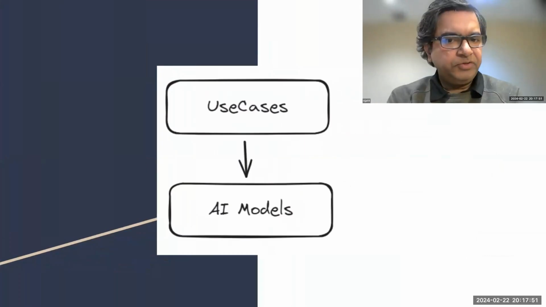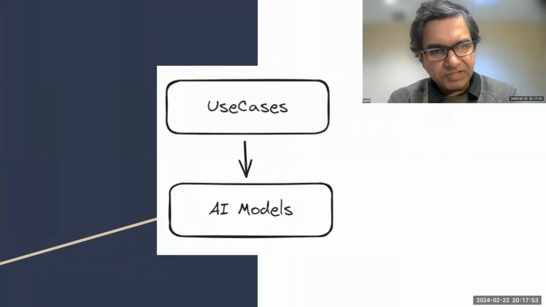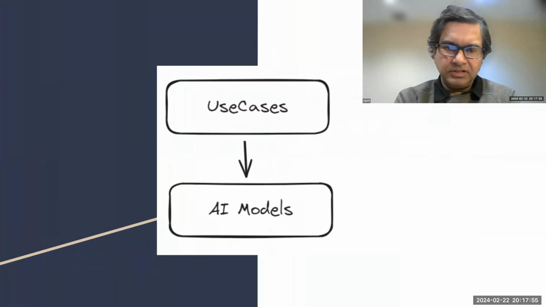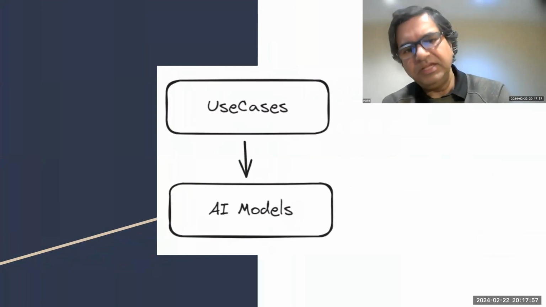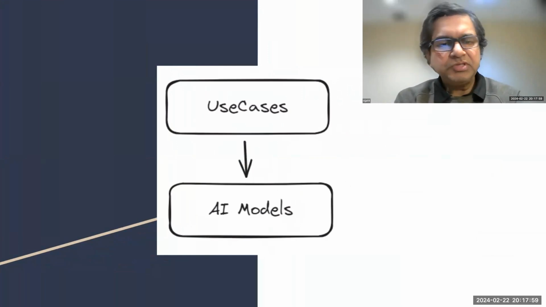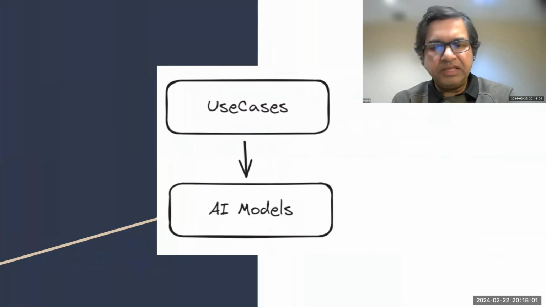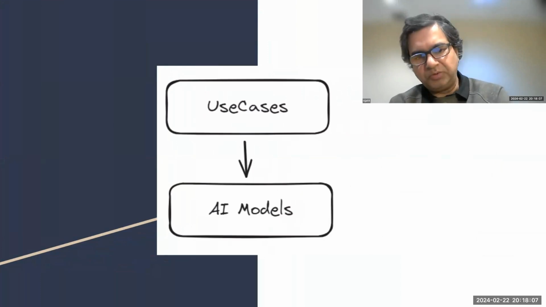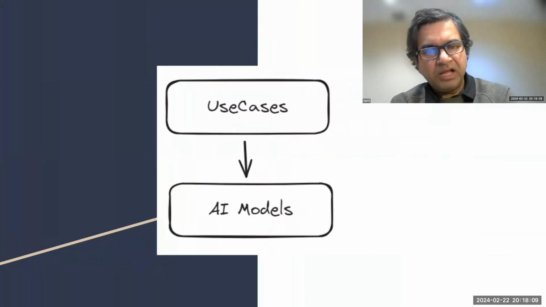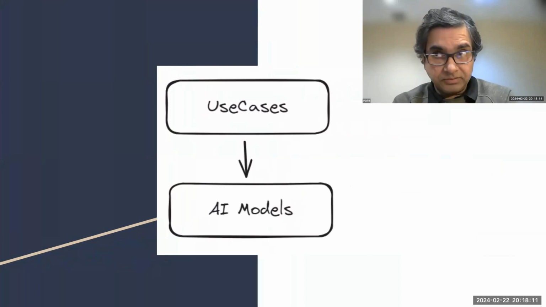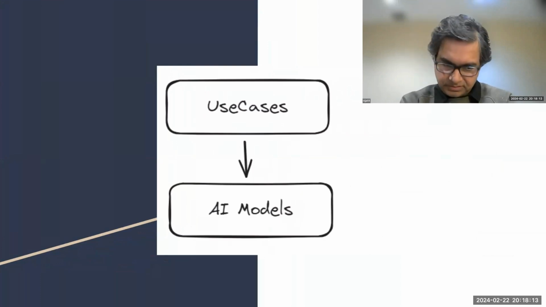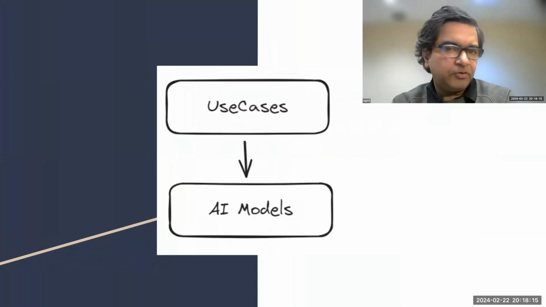So now we talked about the project lifecycle and different use cases, but this is very clear at this point of time. Our use cases drive the AI models that I'm going to use. So there is a definite direct correlation between the use cases and the AI models that we are going to use, right? Can I use ChatGPT or OpenAI's LLM model for pretty much all the things?